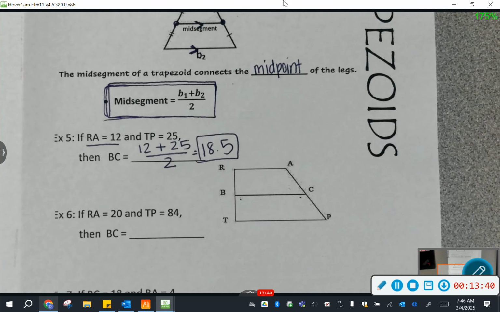I want you to do example 6. Go. RA is 20. TP is 84. What do you do? Add your bases together and then divide by 2.